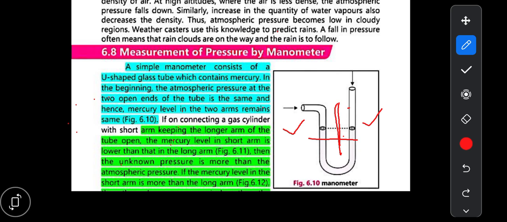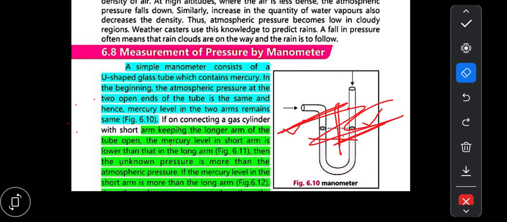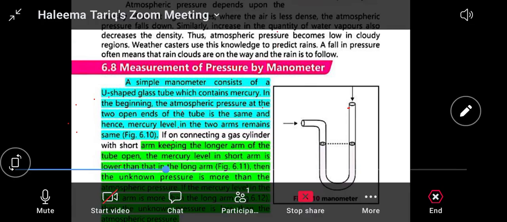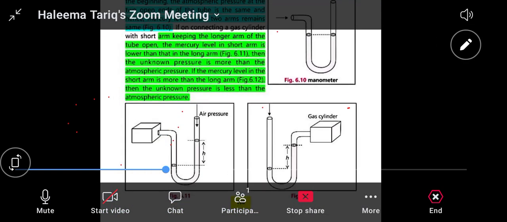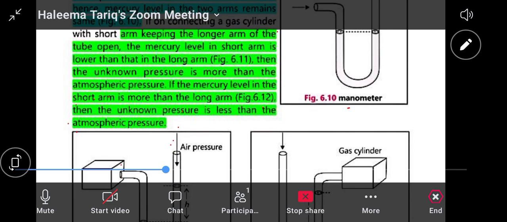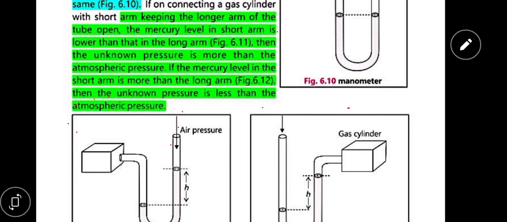But if you connect, now you just take an unknown gas cylinder and attach it at one end, and the other end is also open.